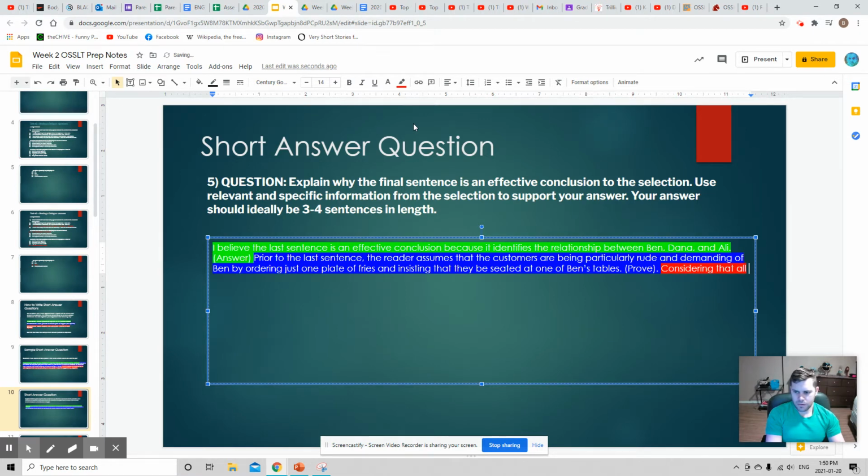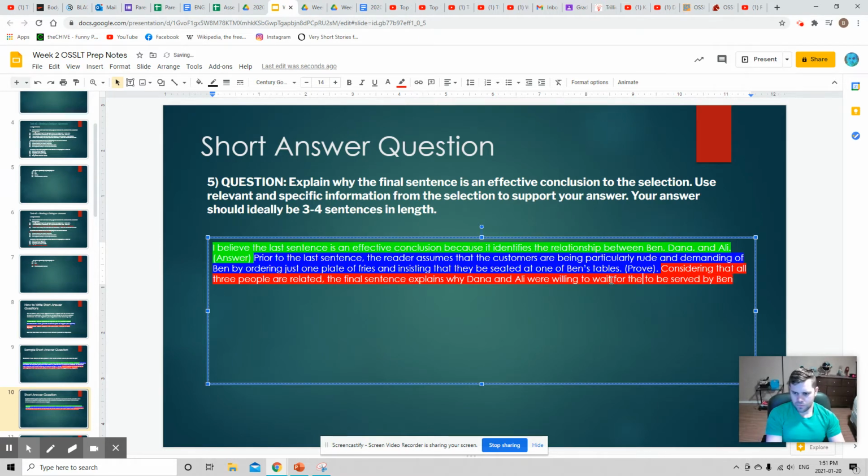Considering that all three people are related, the final sentence explains why Dana and Ali were willing to wait to be served by Ben.